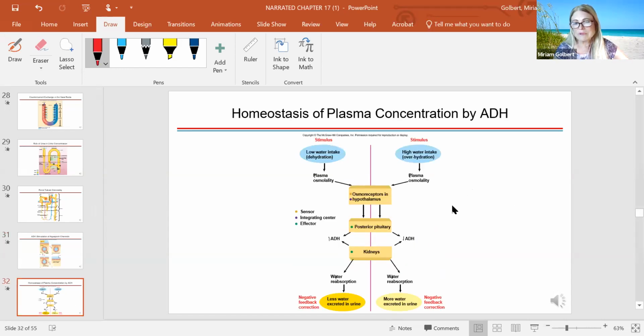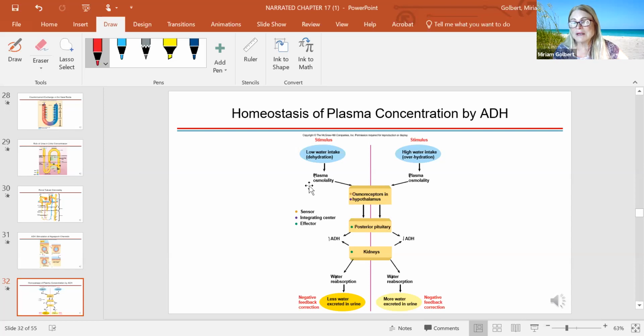So you probably remember this from the endocrine system. You have two different situations here in how ADH will work. So we have the stimulus of low water intake. To the left, it says dehydration. So you know that dehydration, losing water from blood plasma, is going to increase the osmolarity of the plasma, right? The plasma is going to be more concentrated if we have less water. So we have osmoreceptors. Osmo meaning they're checking the osmolarity of the plasma.